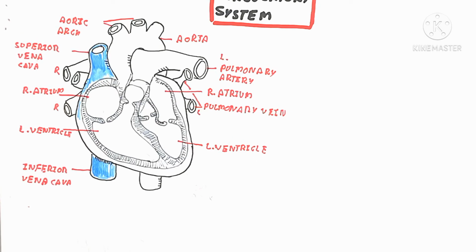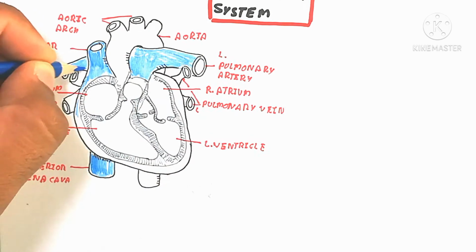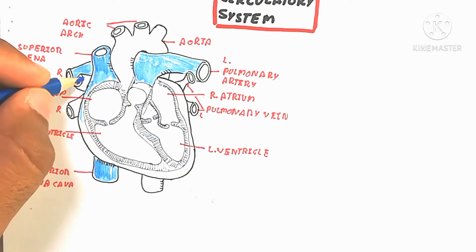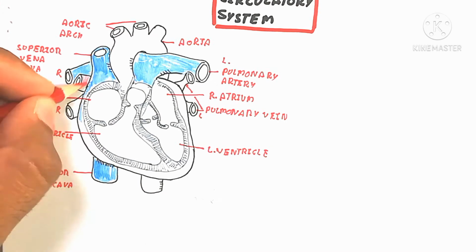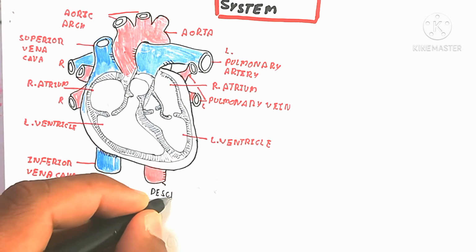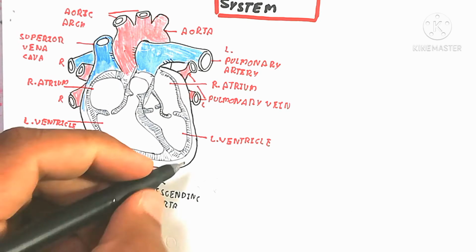The oxygenated blood comes from the pulmonary vein, which is the red color here, and here is the aorta and the descending aorta, and the pulmonary arteries look like this.